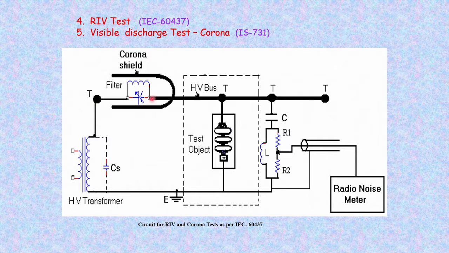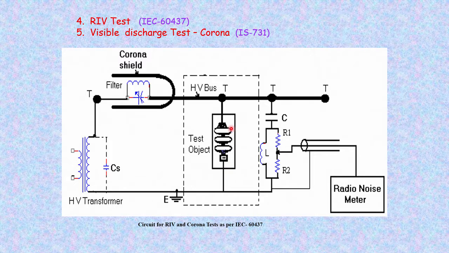The filter is tuned to a certain frequency which has to be measured. You have a high voltage bus, shown with a T as the termination. The high voltage connection should be good enough to ensure that the discharges from this conductor are not communicated to the radio noise meter.